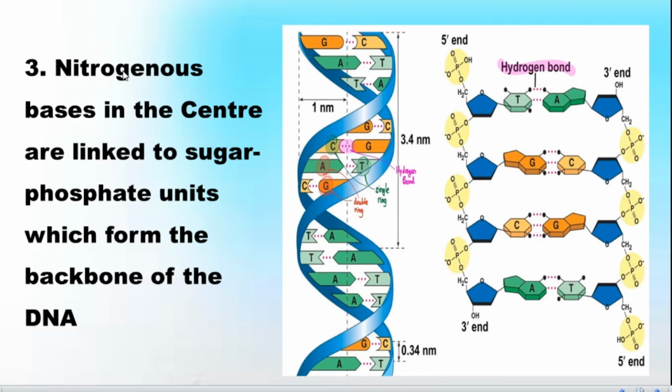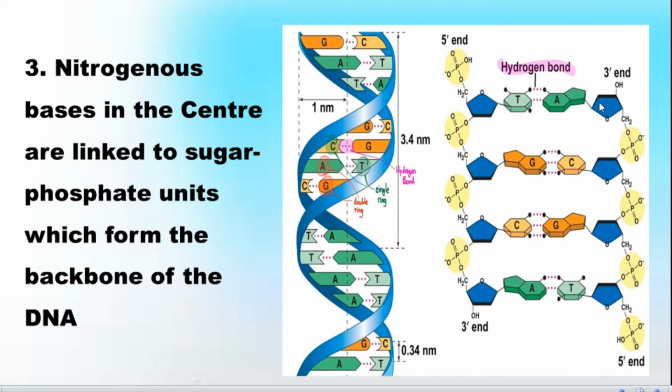So now here the nitrogenous bases in the center are linked to the sugar phosphate unit which forms the backbone of the DNA. So here this we call a sugar. This we call a phosphate group. This we call a nitrogenous base. So this is a nitrogenous base.